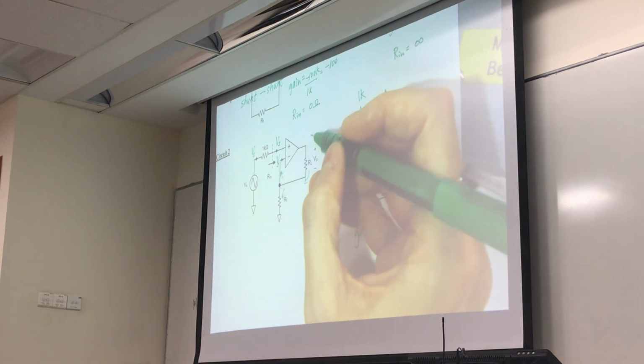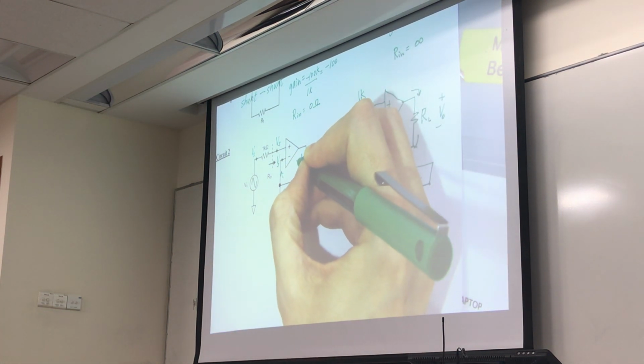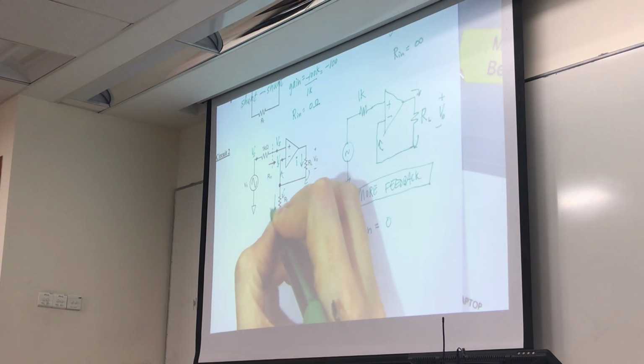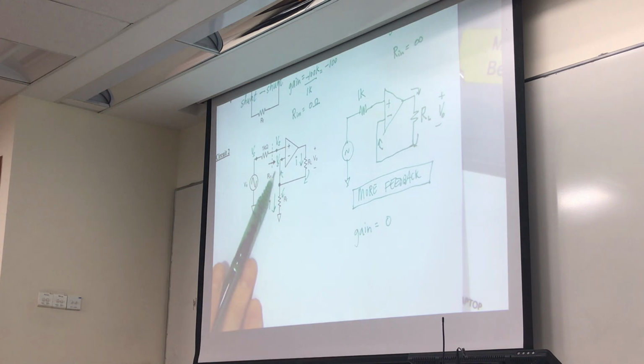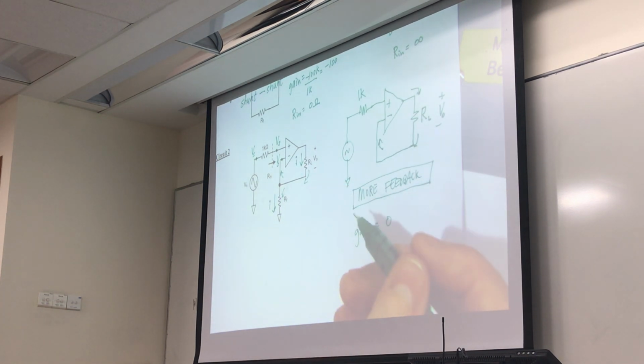Well, if this is Vs, then let me label this current as I. You see, all of that current actually has to pass through RF if it's an ideal op-amp, because you can't have any of it going into that pin, right? This inverting pin. So that means the current here should equal the current here.